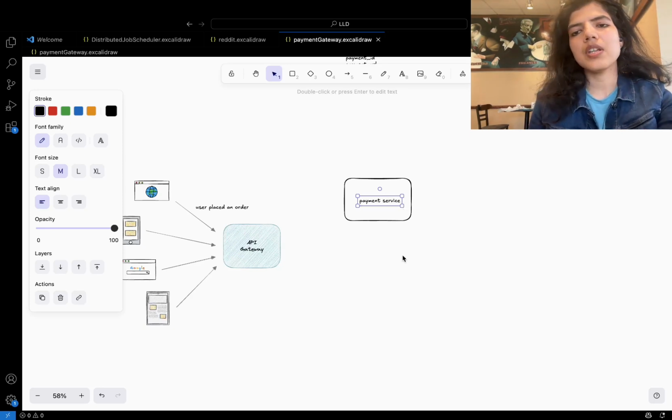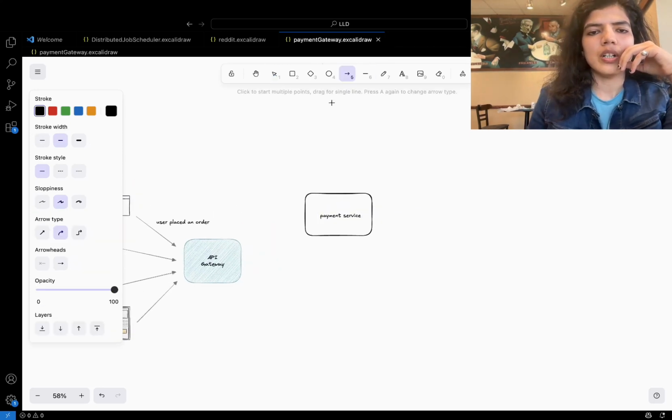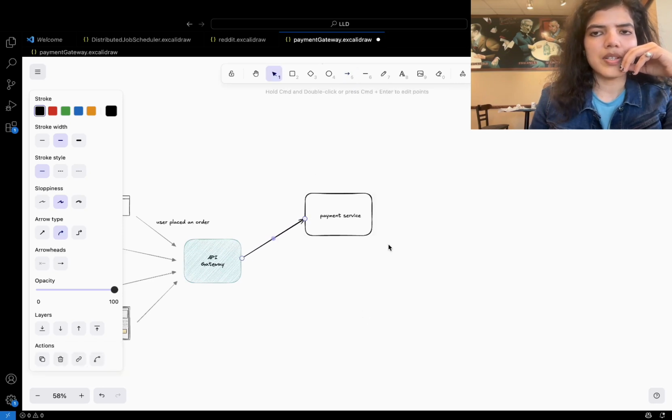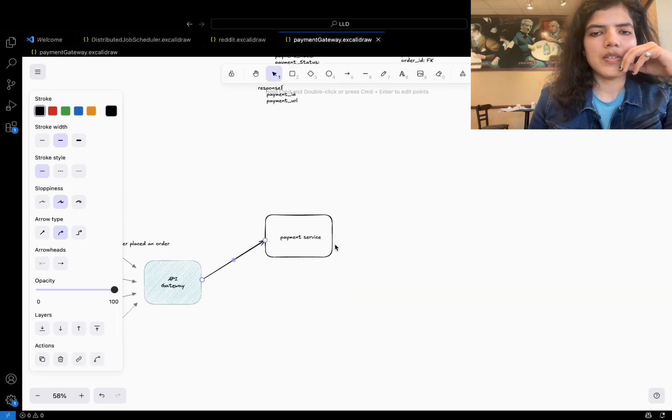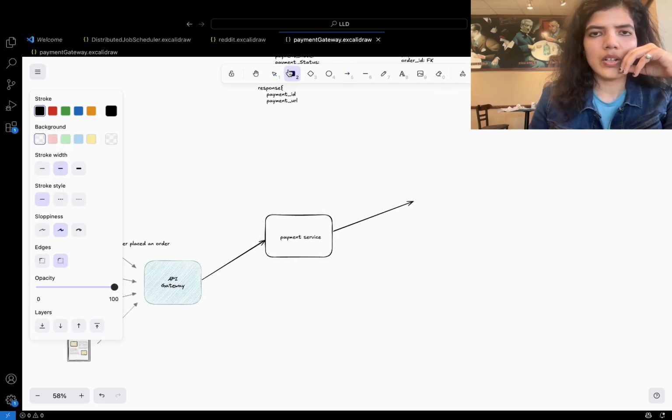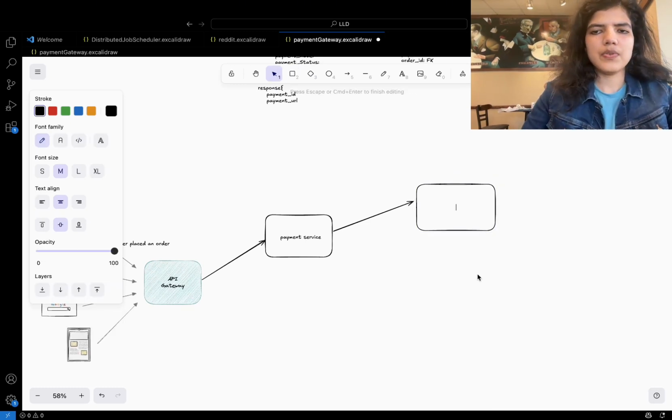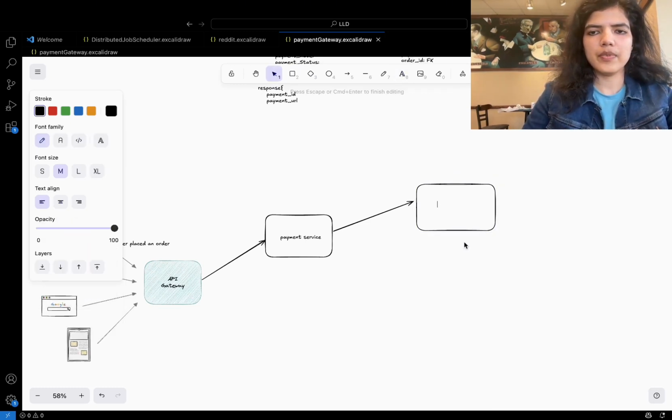Once we have that information, the API gateway provides the authorization and sends it to the payment service. Once the payment service receives the request, it sends the request to the PSP provider. So we'll create another service for our PSP. And PSP, like I said, can be Stripe or PayPal.